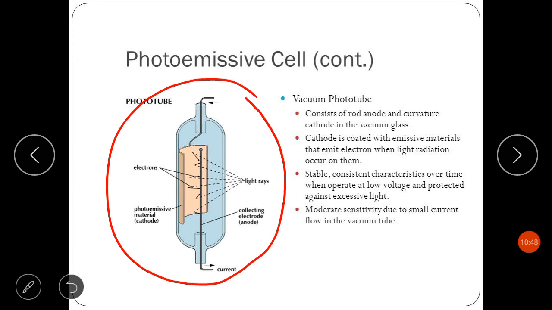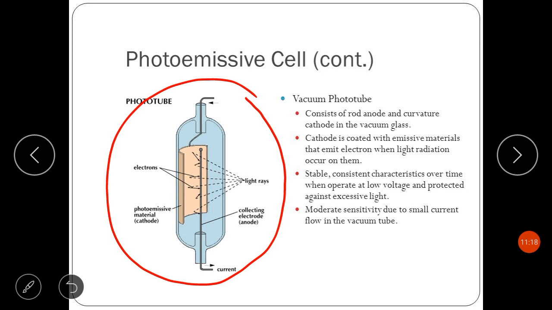That is, its sensitivity will remain the same for a very long time. Its characteristic is not going to fluctuate or get modified easily if I carefully handle this photoemissive cell.